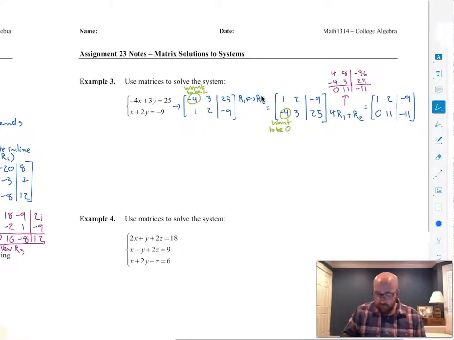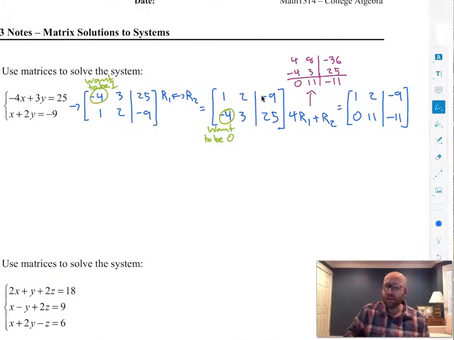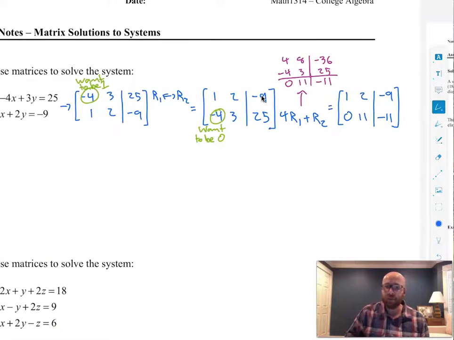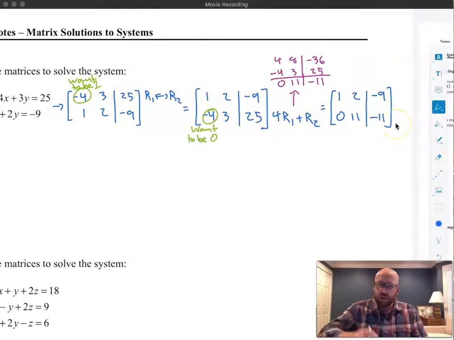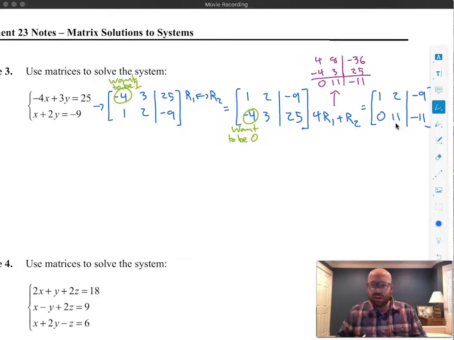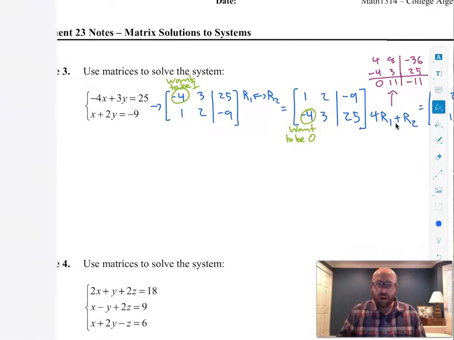Now, you can see that we've gotten to the end of our paper, so to speak. I'm not going to try to squeeze in an operation over here. For good communication purposes, I'm just going to rewrite this last matrix down here.